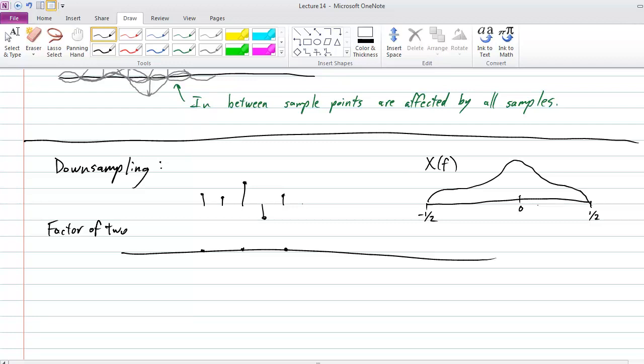So you decide that you're willing to live with only half of the spectrum because you're going to downsample by a factor of 2. So then you can low-pass filter this. Okay, so low-pass filter before downsampling.